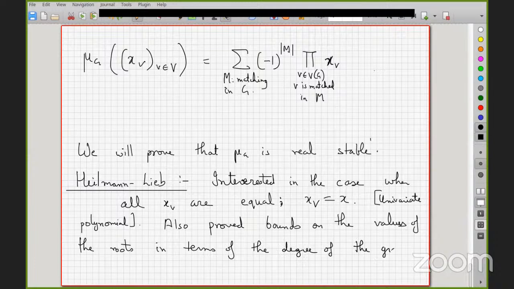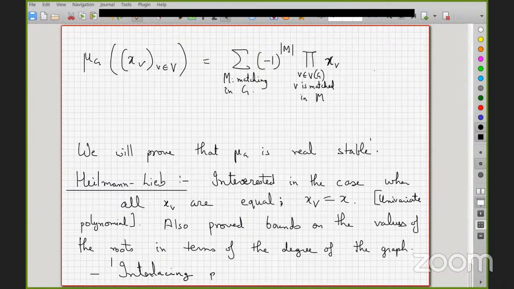The proof I will do, I don't know who it is due to. The first time I saw it was in a talk by Nikhil Srivastava. It's different from the Heilmann-Lee proof, because they used a technique called interlacing, which we will also see, and which is also very powerful.